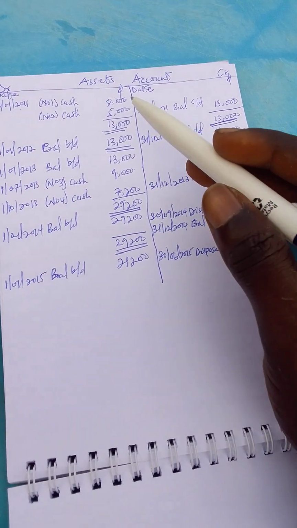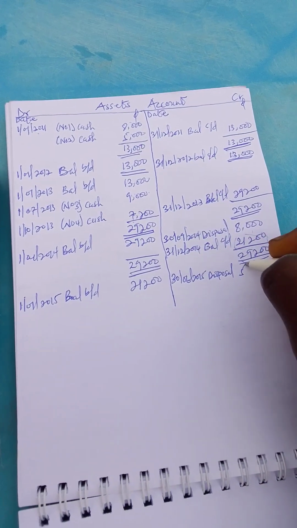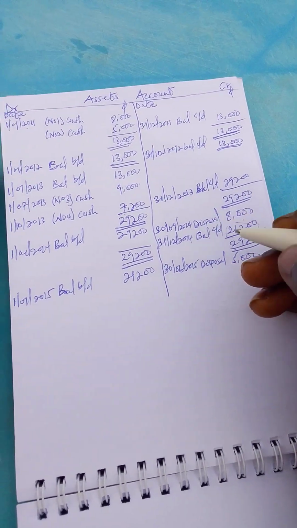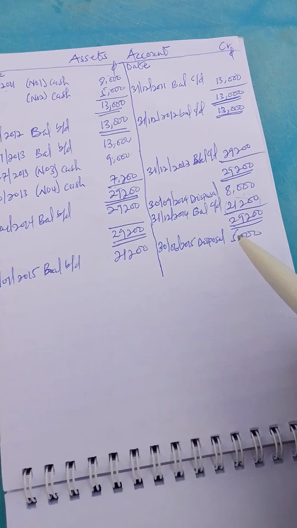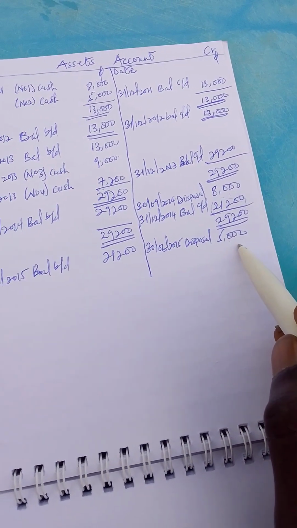And we are going to use the actual cost to record, which is 5,000, not the scrap. So we have recorded the 5,000 here, and you could see that the debit side is bigger than the credit side.